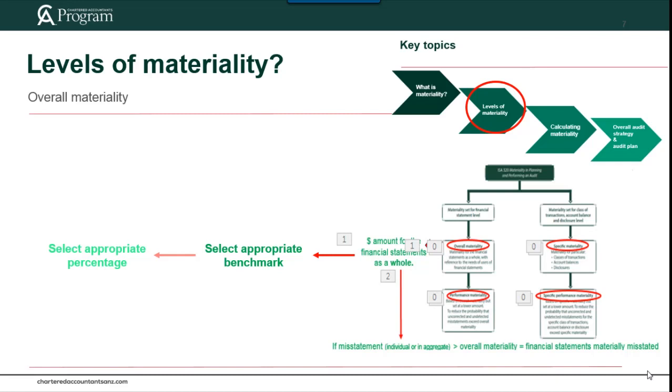Examples of potential benchmarks include profit before tax, total revenue, gross profit, total expenses, or net assets.